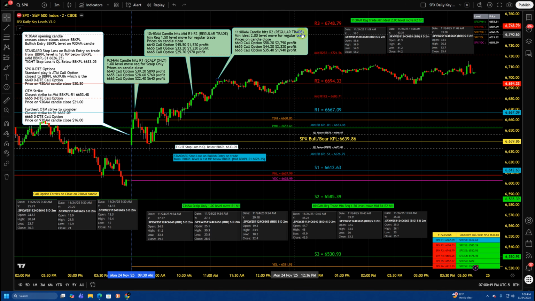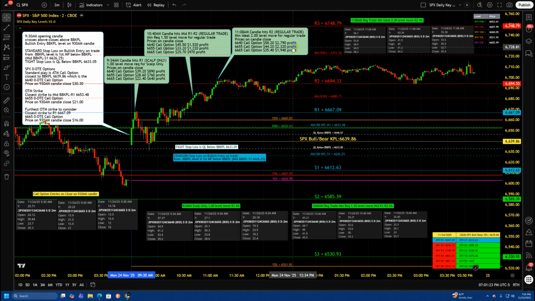It's just that once it hits a two-level move, you need to be more cognizant that if you are going to have remaining contracts that stay in, and you're looking for a move up to more succeeding levels in your favor to extract more profit, you need to start tightening up your stop losses for any further moves.